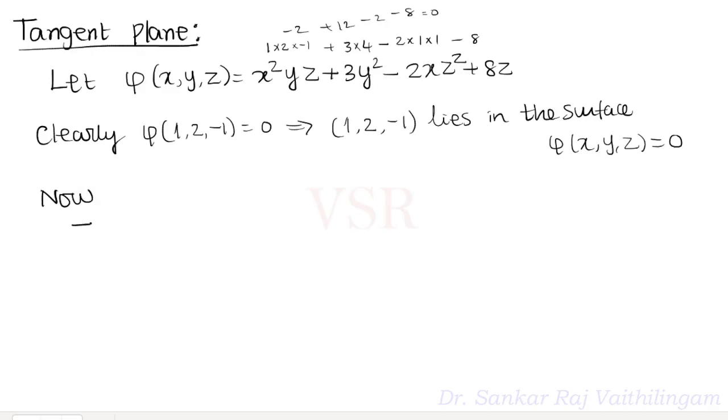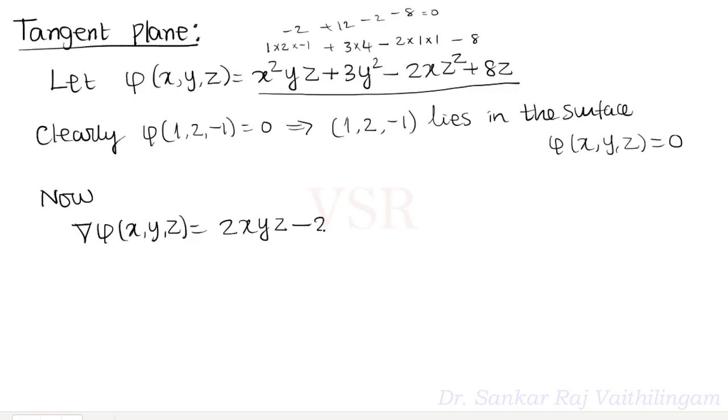Now this del phi of x comma y comma z is equal to, differentiating with respect to x: 2xyz, and then -2z squared, into i vector.